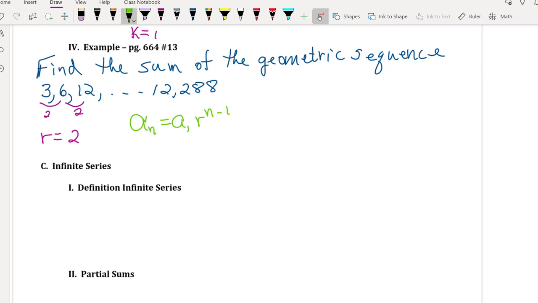So our a sub n is going to equal our first term, which is 3 times 2 to the n minus 1. So we're going to set it equal to our nth term, and we're going to solve for n.